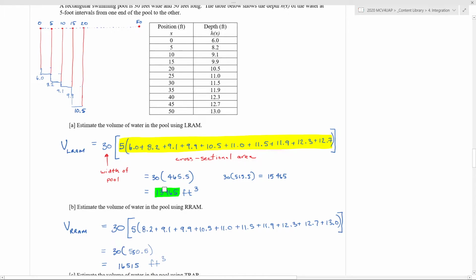Because if I take the shortcut, I should be able to average those two numbers to get the trapezoidal approximation, right? 15,465 plus 16,515 gives me 15,990.